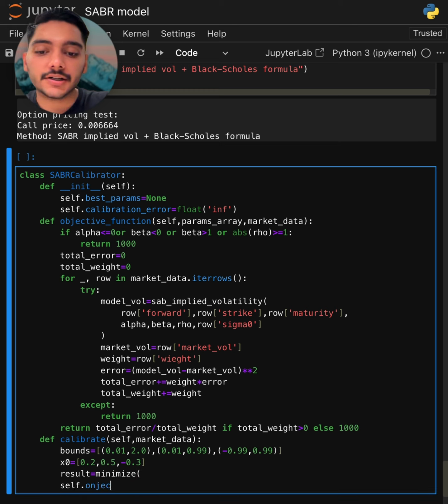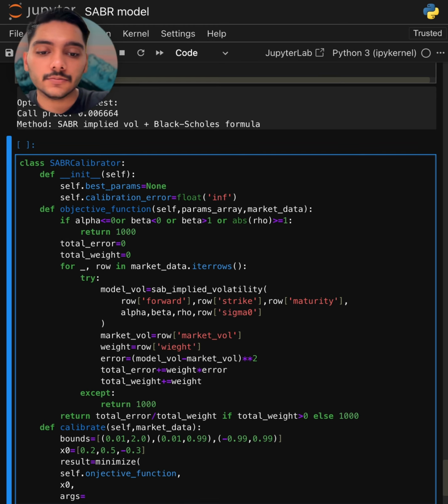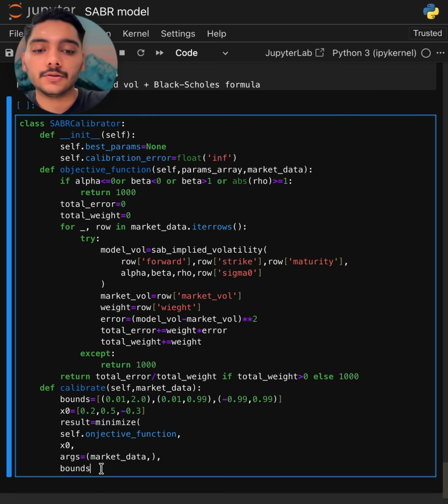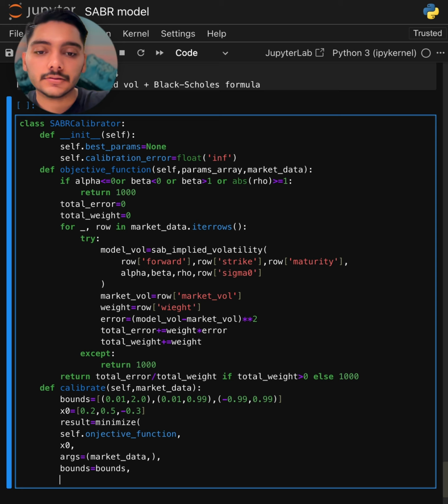self dot objective function, and then the x naught, then args is equal to market data, bounds will be equal to bounds, and the method will be equal to L-BFGS-B.